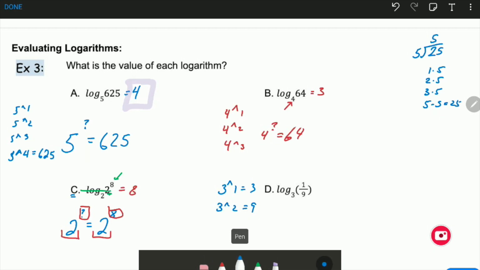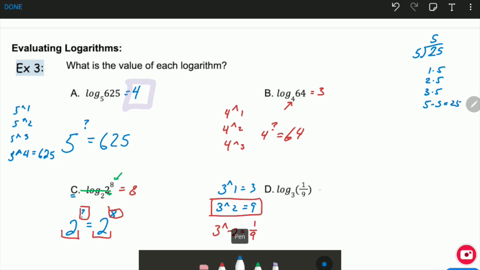But there's something you might be forgetting, and that's negative exponents are reciprocals. So if we realize that 3 to the power of 2 is 9, then 3 to the power of negative 2 is 1 over 9 and not negative 9.